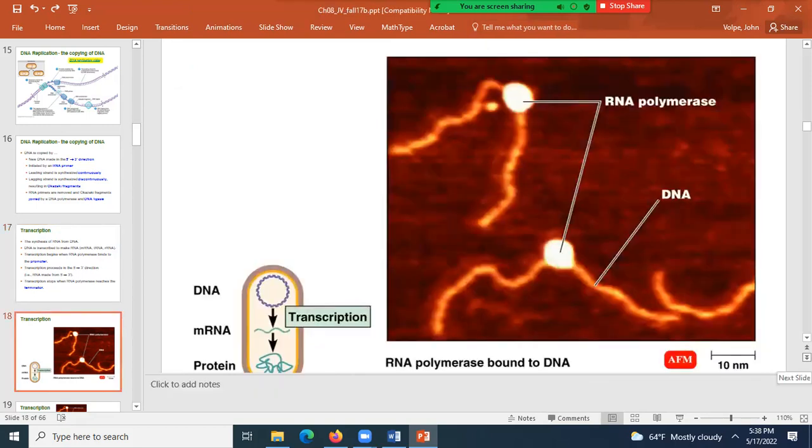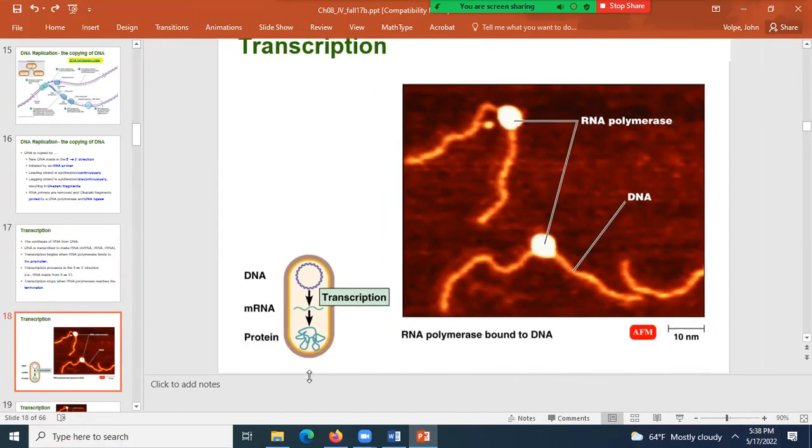All right, we're actually looking at DNA transcription here. There's the RNA polymerase. And I don't know, maybe it's making the RNA right there, and there's the DNA. And that's showing you what's going on in transcription.